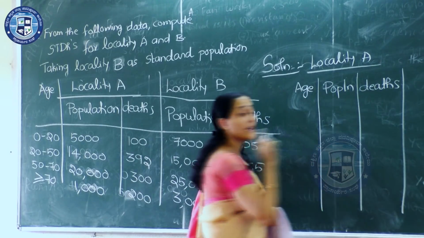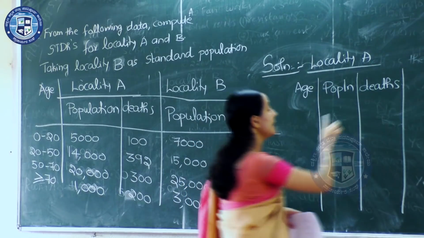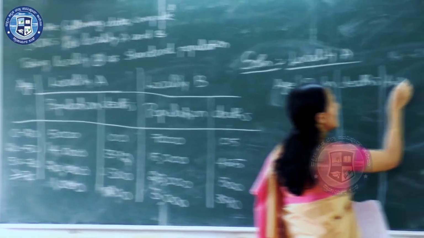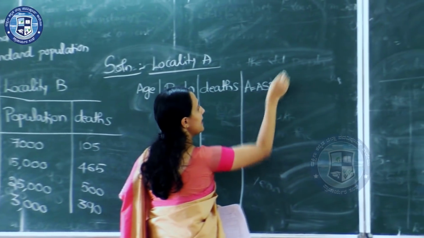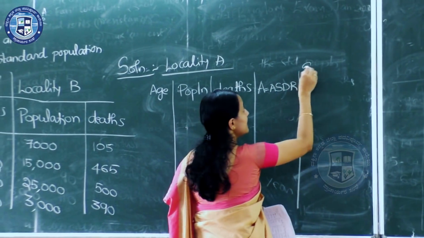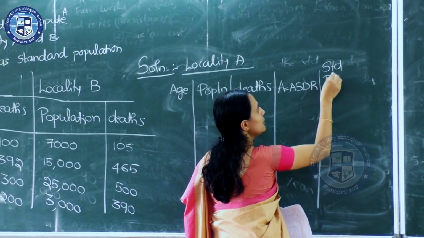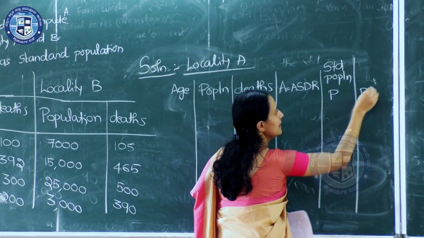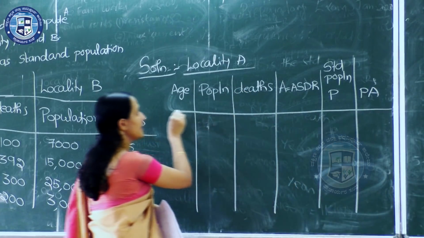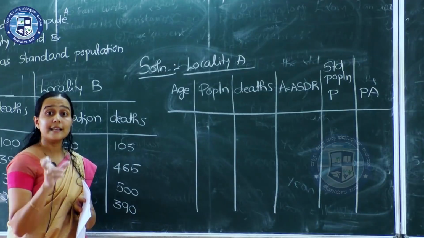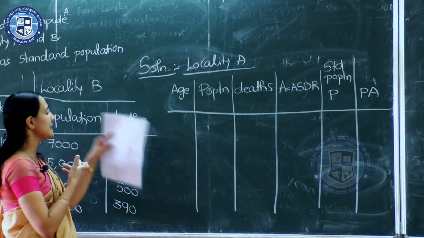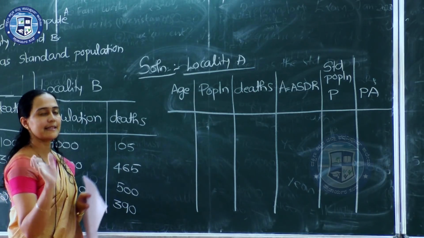See here we have to compute age specific death rate. Age specific death rate of A, let it be denoted by A. A equal to ASDR. Next standard population. Standard population is P. Next P into A. One column for P into A. Because here locality B is taken as the standard population. So locality B's STDR is the same as CDR.